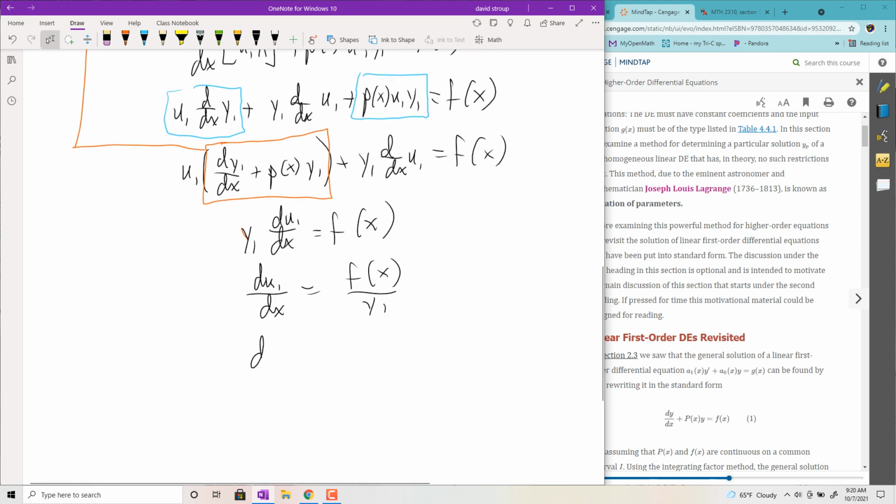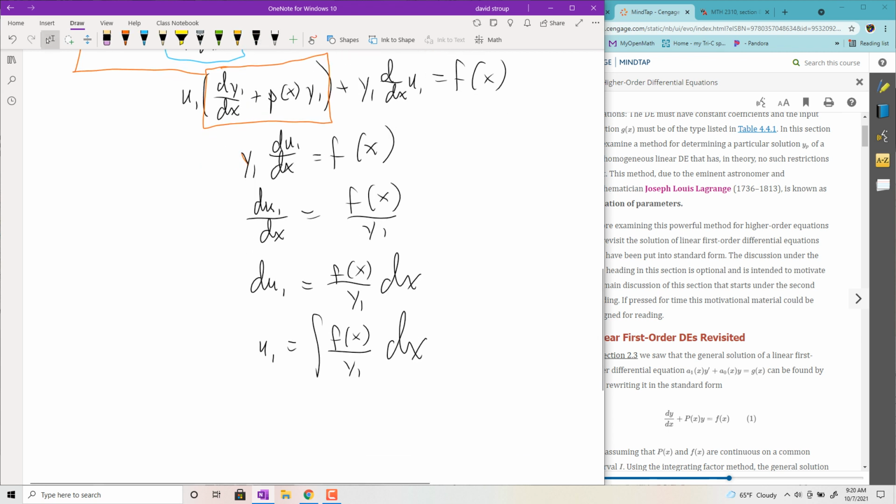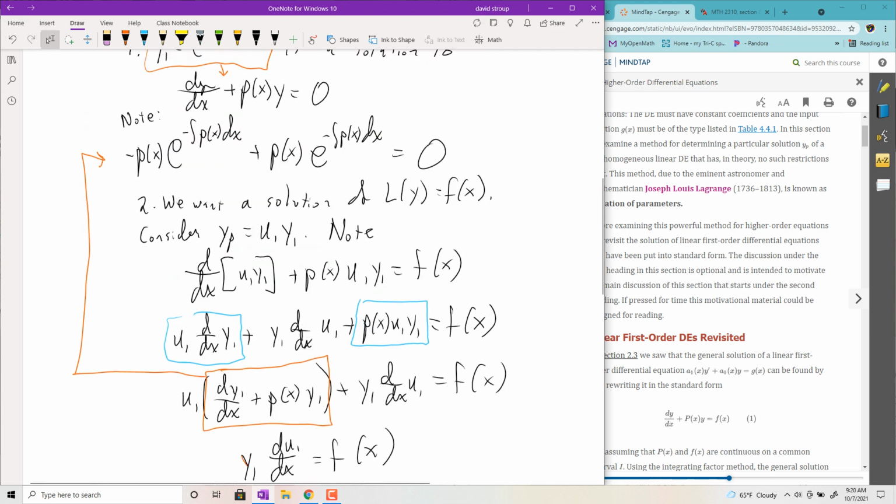Separate some more, so we have du1 equals f of x all over y1 dx, and then we can integrate both sides and solve for u1, right? So u1 will be the integral of f of x all over y1 dx, and so our final answer for the particular solution yp, remember, we presumed that yp is equal to u1 times y1.